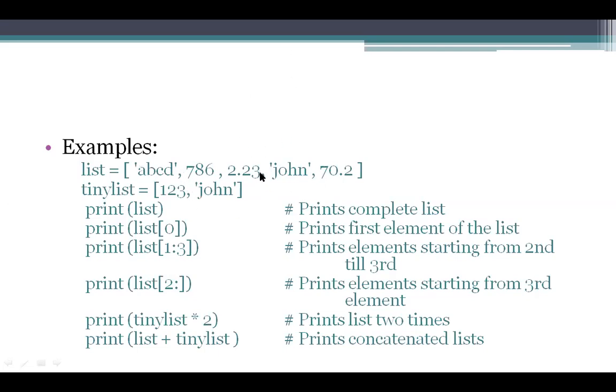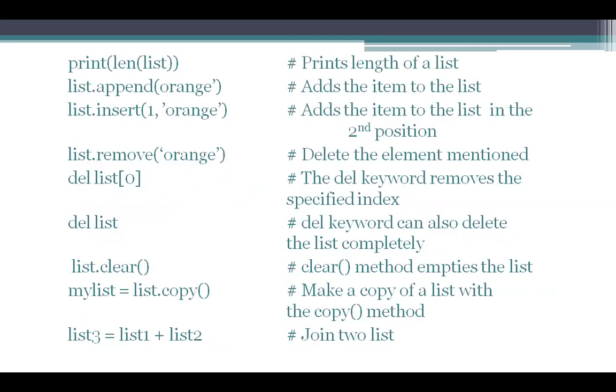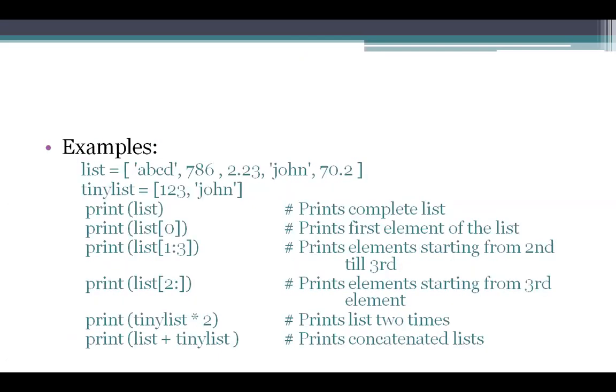This is how we assign a value to a list. There are two lists taken here, one which has 5 values and another which has 2 values. Let's see it in a console.